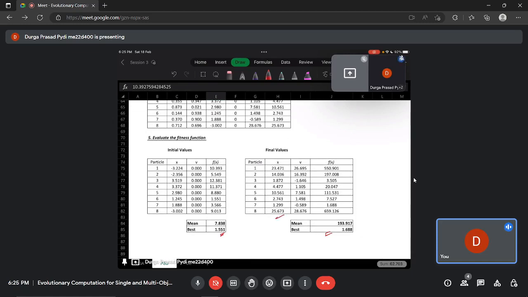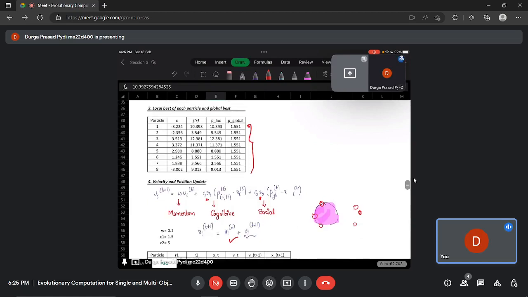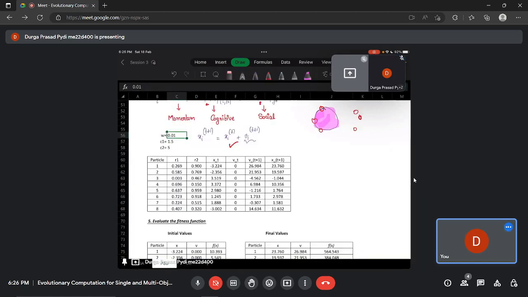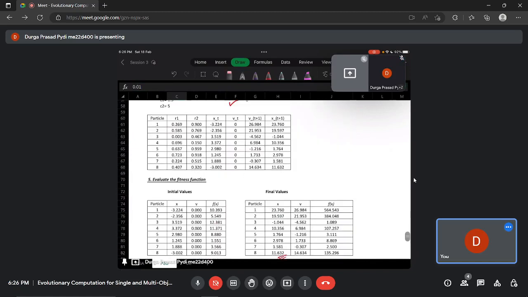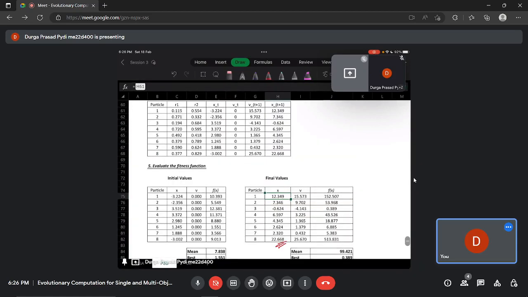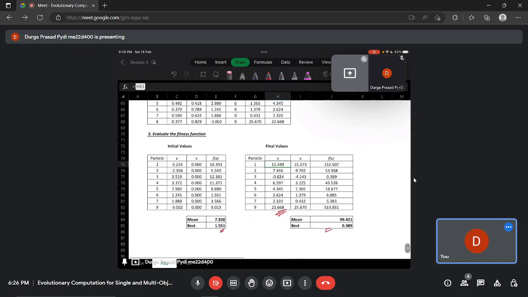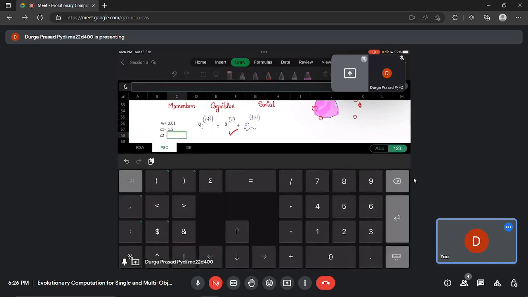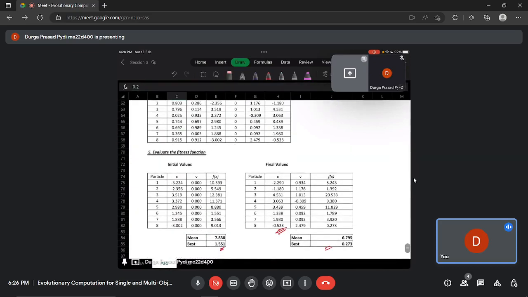It seems like the values are again exceeding the bounds, so we have to decrease the value of W even further. Now the values are within the range.